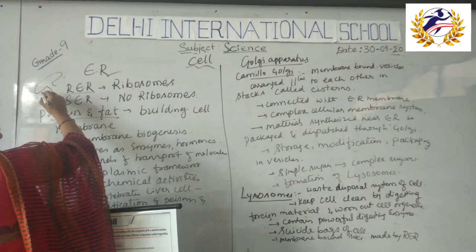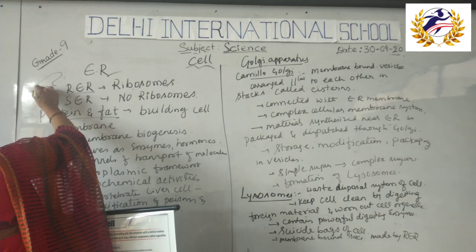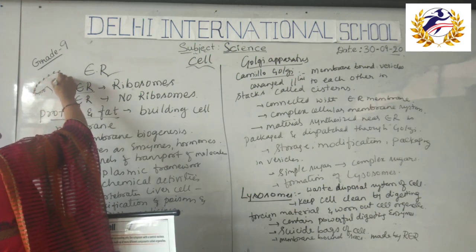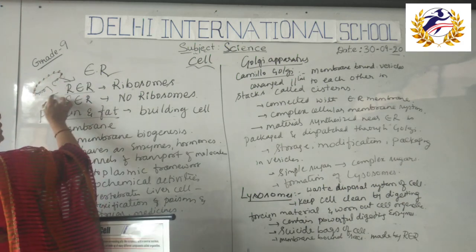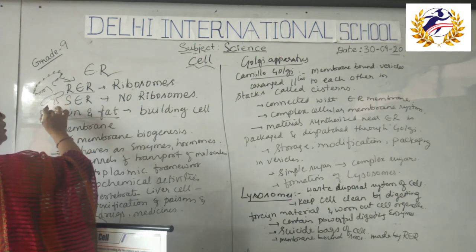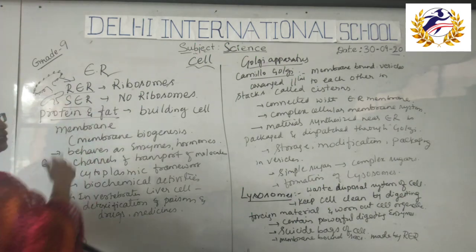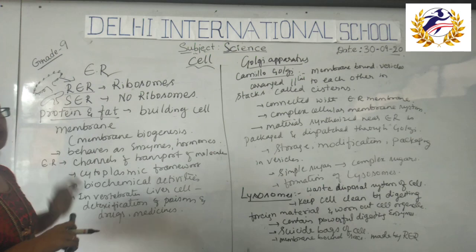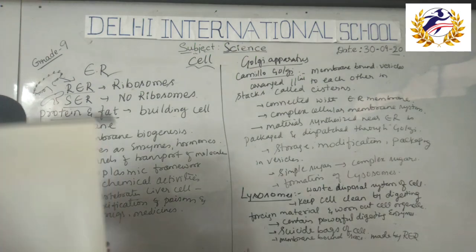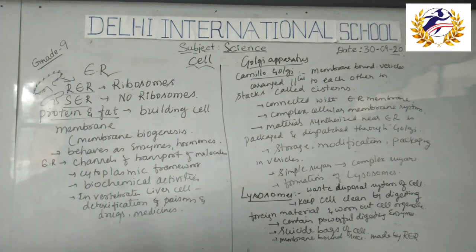If nothing is there, that is called smooth endoplasmic reticulum. Without the ribosomes, that is called smooth endoplasmic reticulum. This endoplasmic reticulum we will see in both the plant cell and the animal cell.